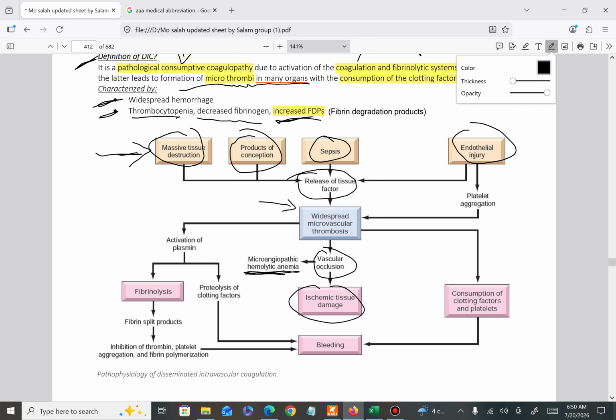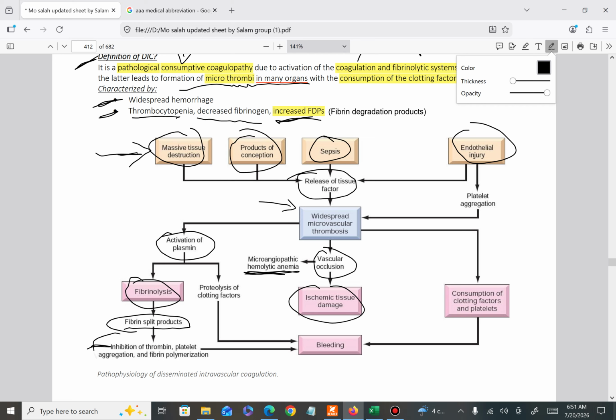Then microvascular thrombosis can also activate plasmin. What plasmin does is cause the breaking down of fibrin. So it causes fibrinolysis, which causes the fibrin split products to increase. The fibrin split products cause inhibition of thrombin, platelet aggregation, and fibrin polymerization.